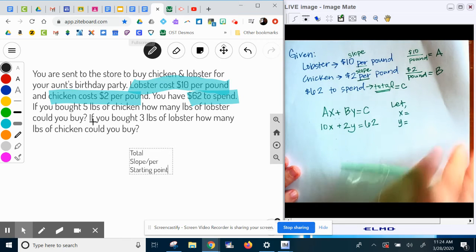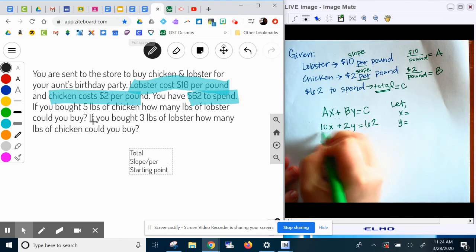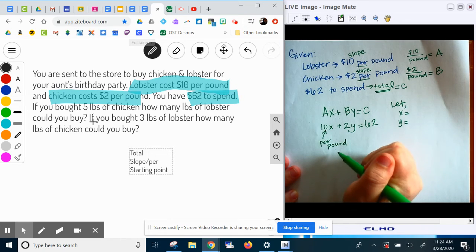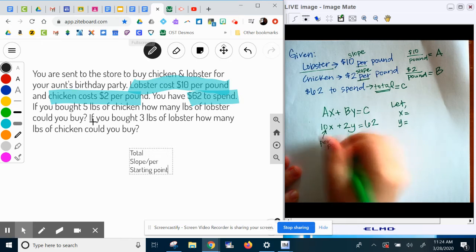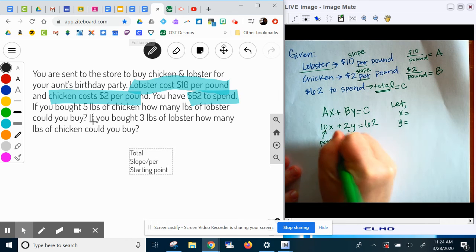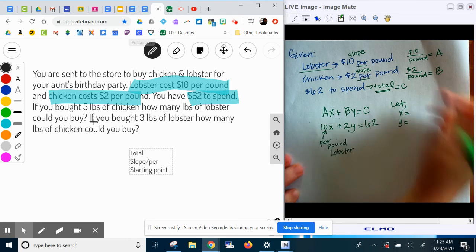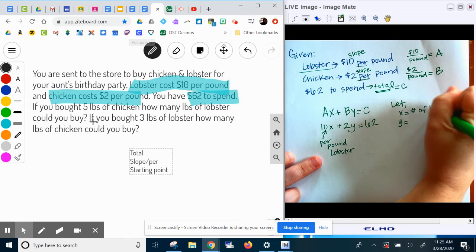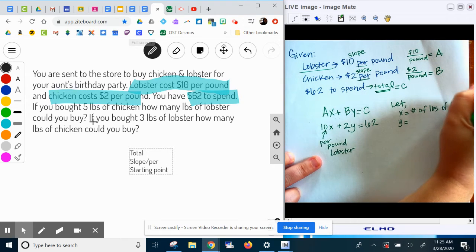The x is connected to the 10, which was $10 per pound of lobster, so x is my number of pounds of lobster.